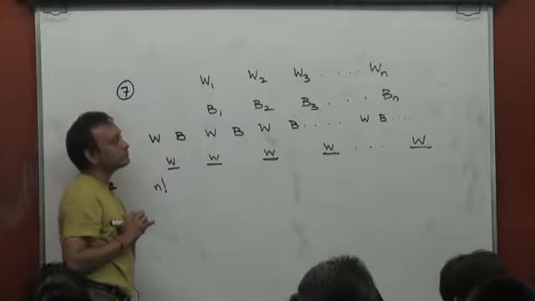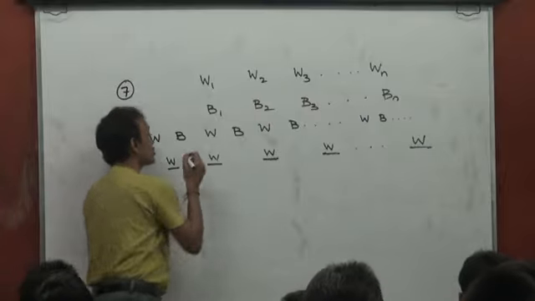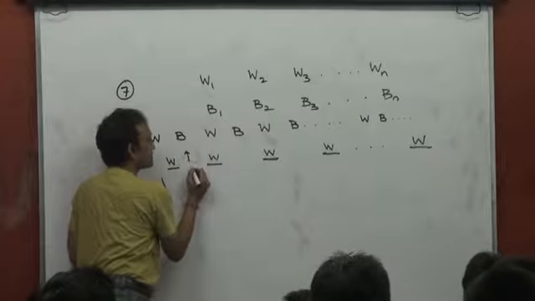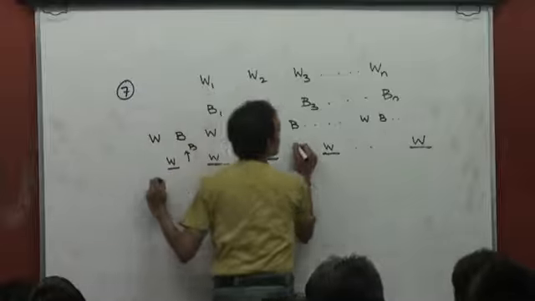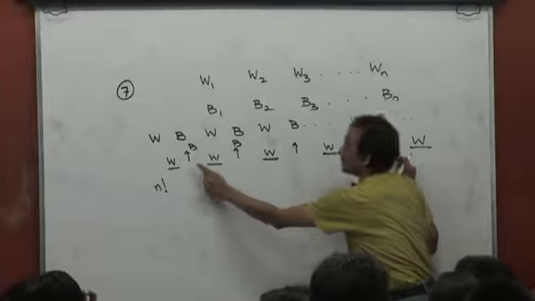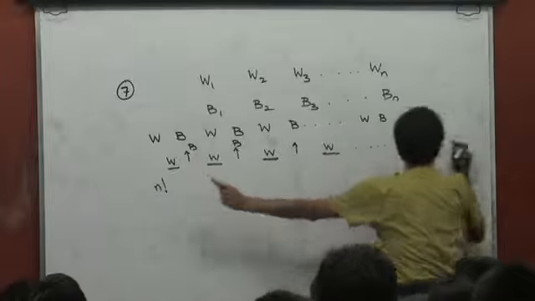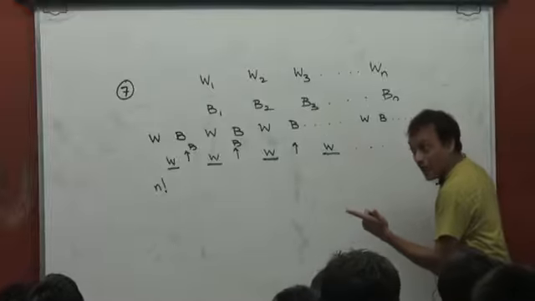Now, the n black balls would have to be arranged in these spaces. Between n white balls, how many spaces are there? There are n minus 1 spaces here plus 1 space at the end. So how many spaces available? N spaces in all. Yes or no?